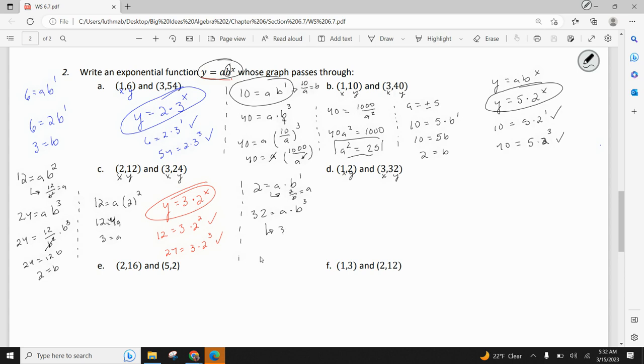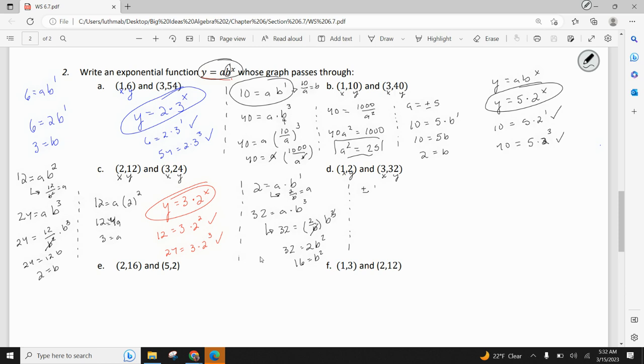Sub it into this bottom one. 32 equals 2 over b cubed. Cancel that b, and now we're at 32 equals 2b squared. 16 equals b squared.